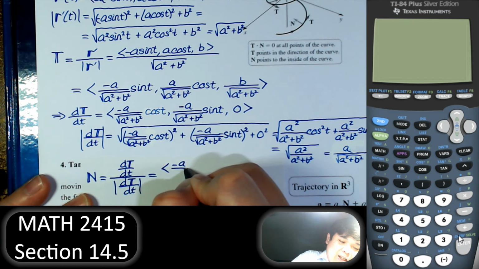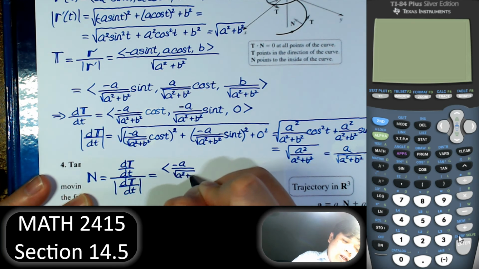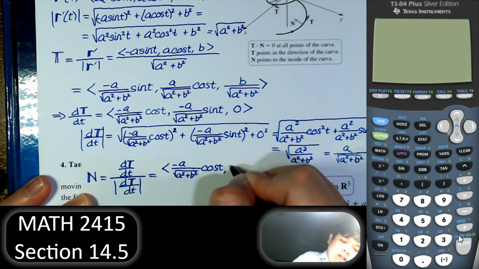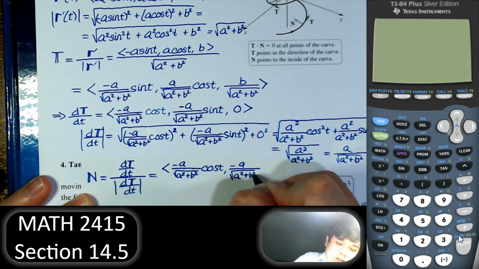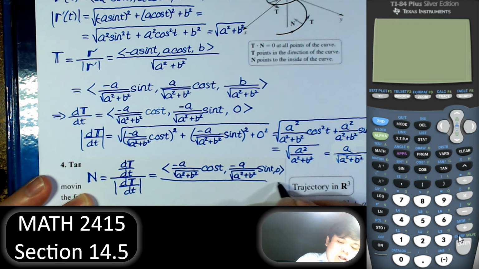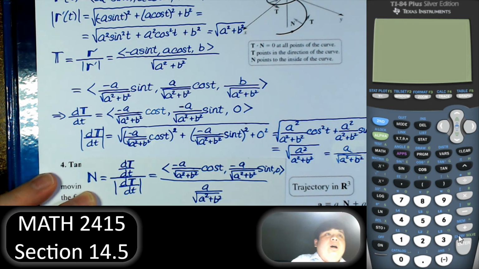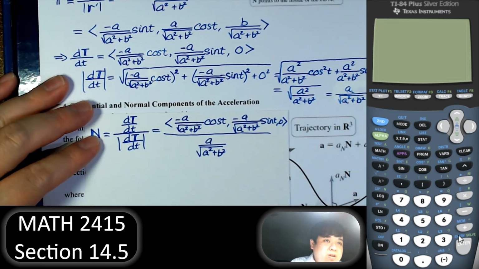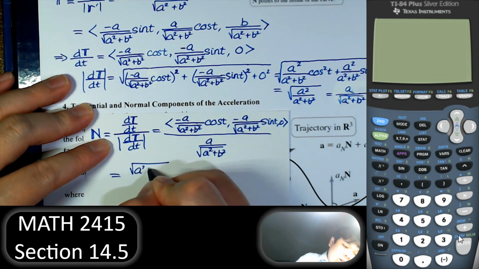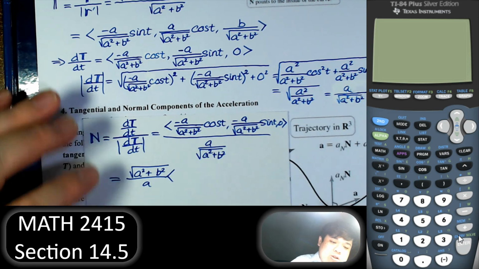So the derivative is negative a over the square root of a squared plus b squared times cosine t, negative a over the square root of a squared plus b squared times sine t, 0, all over a over the square root of a squared plus b squared. We multiply by the reciprocal, the square root of a squared plus b squared over a.